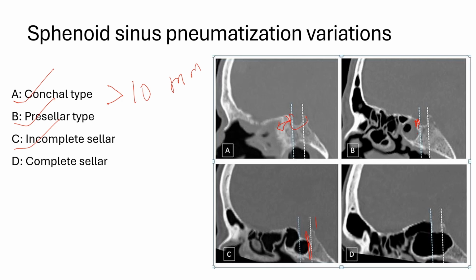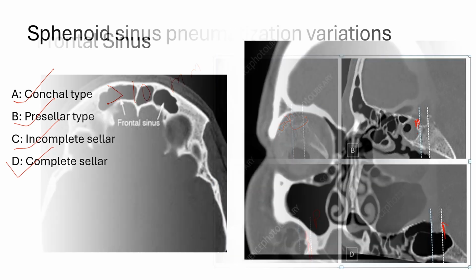And complete sellar type, in this type the pneumatization goes beyond the posterior wall of the sella turcica. So sphenoid sinus pneumatization variations in relation to the sella turcica are the conchal type, presellar type, incomplete sellar type and complete sellar type.